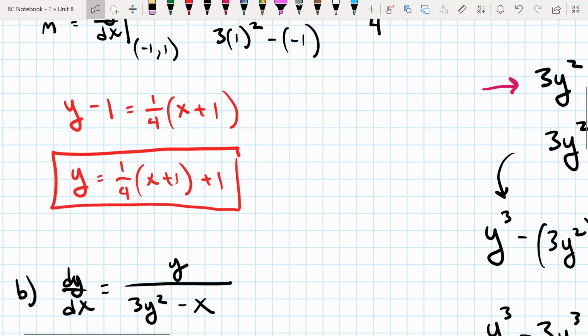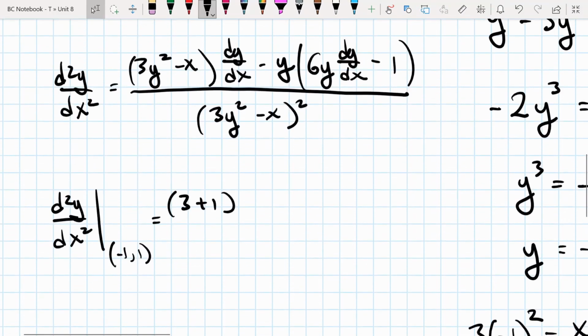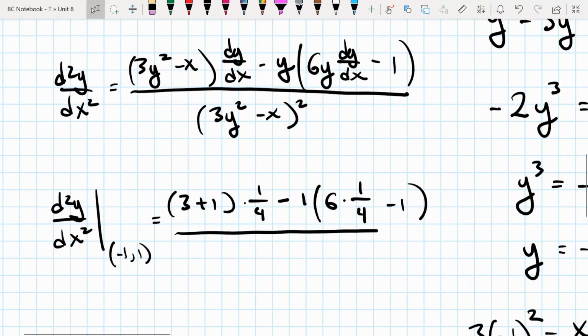Whenever we see dy dx, here we're just going to plug in 1/4. Minus 1 times, well, 6 times 1 times dy dx is 6 times 1/4, minus 1, all over 3 minus negative 1, so 3 plus 1, squared.